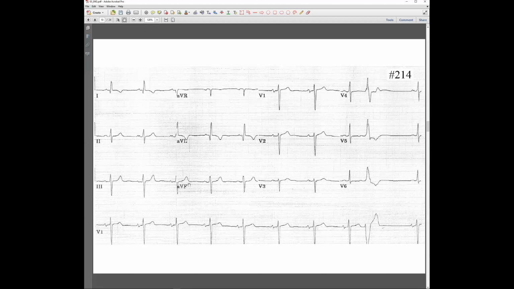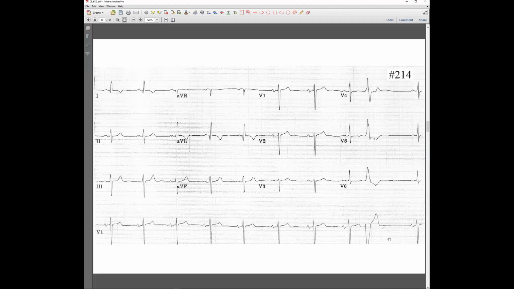Now, Peter, let's see. Yes. So this is not rhythmic because of that part. And the heart rate, I think, is about 60 beats per minute.